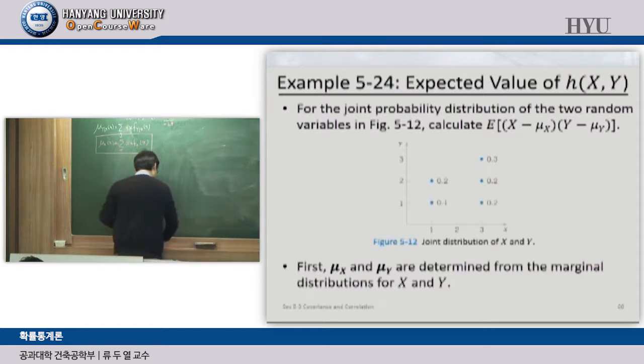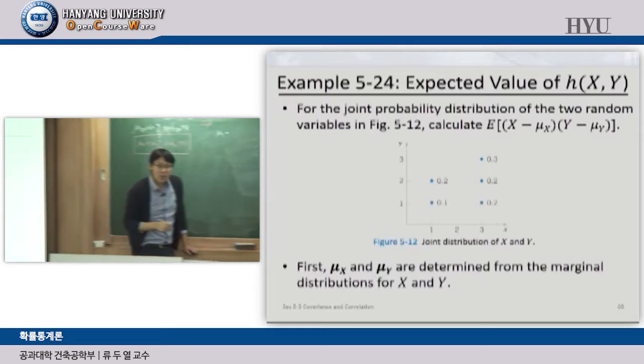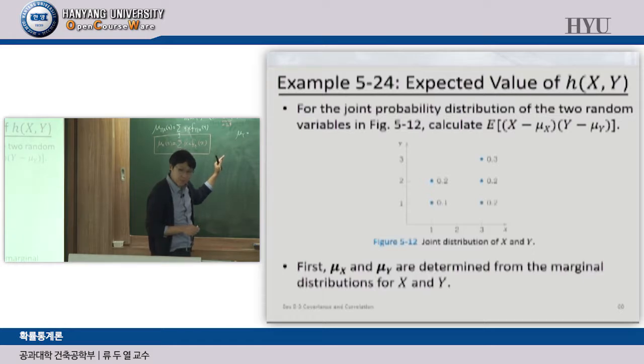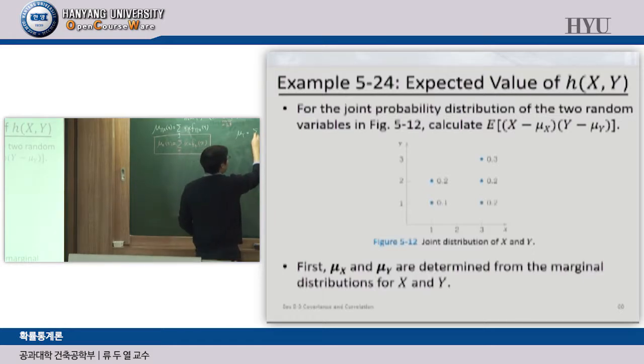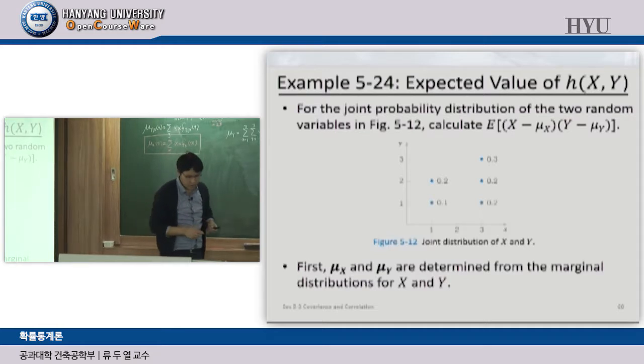And also, we need to calculate the mu y. This is the marginal mean of y, and this is the same formulation. So this is the double summation from x is equal to 1 to 3, y is equal to 1 to 3, of y by the joint probability mass function f x y.